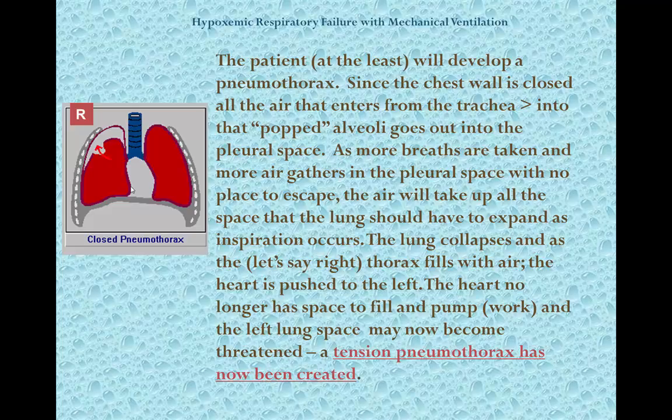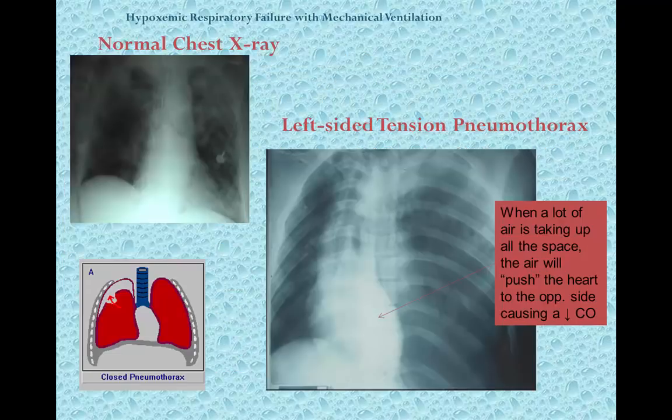So now you have not only a problem with oxygenation and breathing issues, you now have a circulatory problem because this force is pushing on the heart. And when there's this pressure and all this tension inside the thorax, that is known as a tension pneumothorax. And a tension pneumothorax is a potentially life-threatening problem.